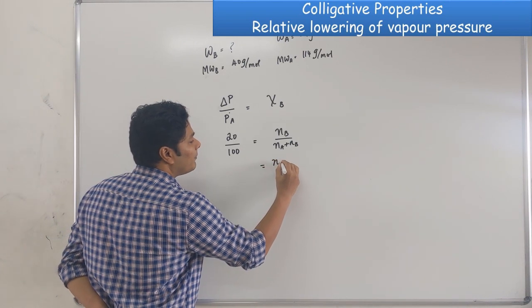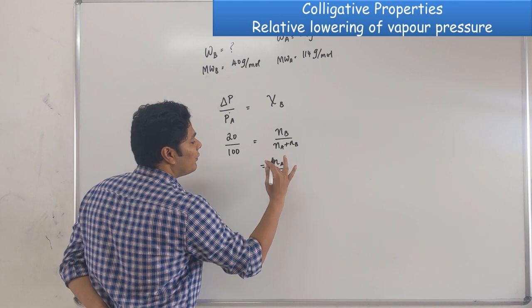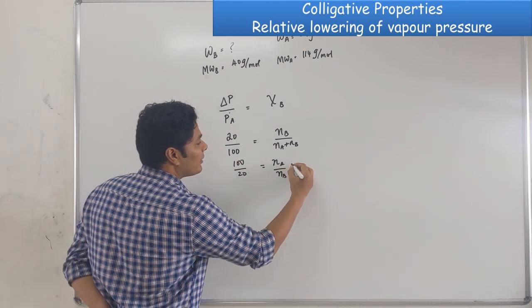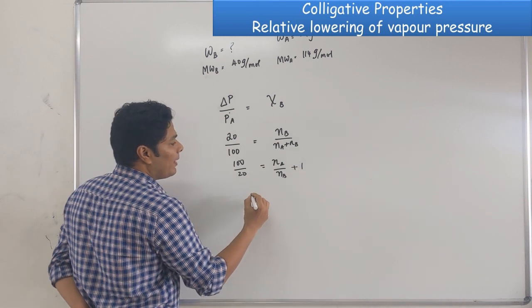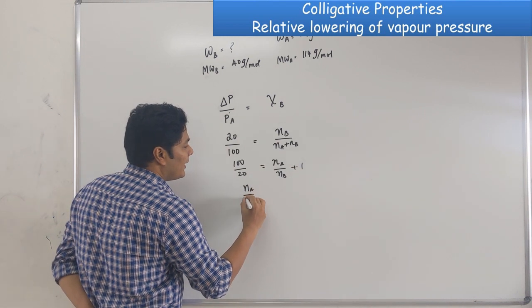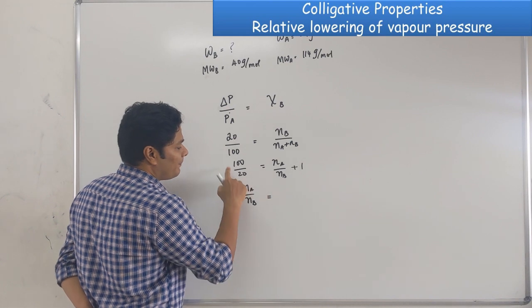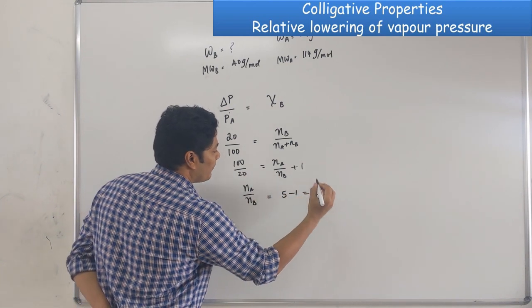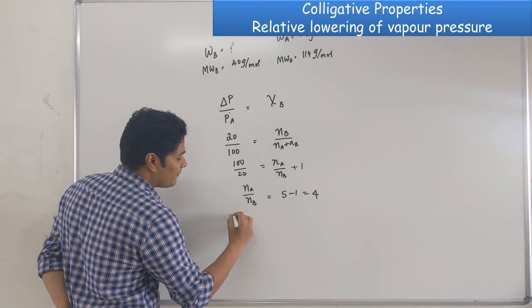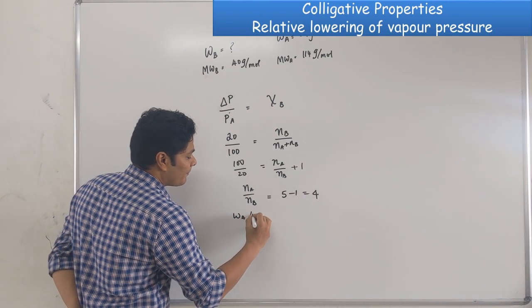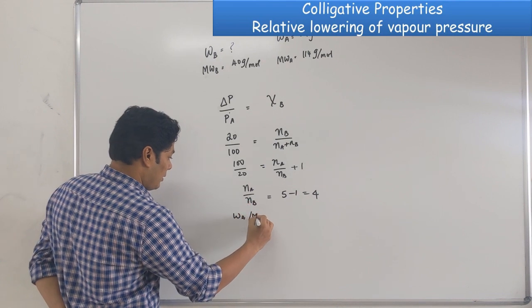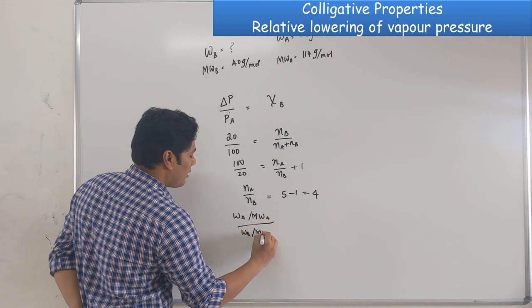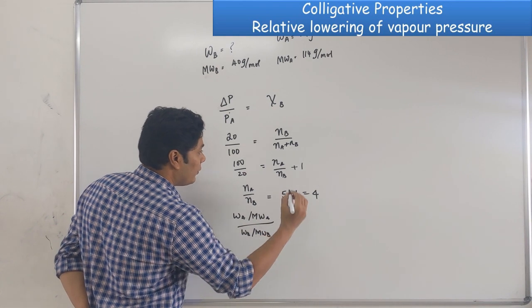I can flip both sides, 100 by 20, Na by Nb plus 1, or Na by Nb, I am taking it on the left side, this is 5, 5 goes to the other side, 5 minus 1 is 4. Na by Nb is mass of A, molar mass of A divided by mass of B, molar mass of B is 4.